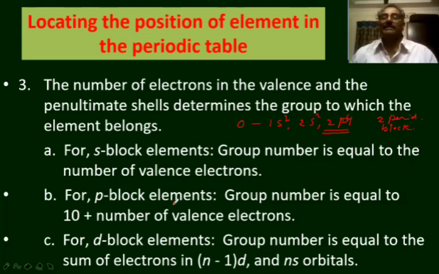For p block elements, group number is equal to 10 plus number of valence electrons. Suppose you take oxygen. The electronic configuration of oxygen is 1s2, 2s2, 2p4.